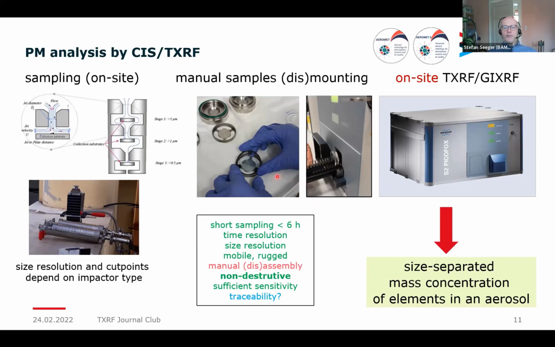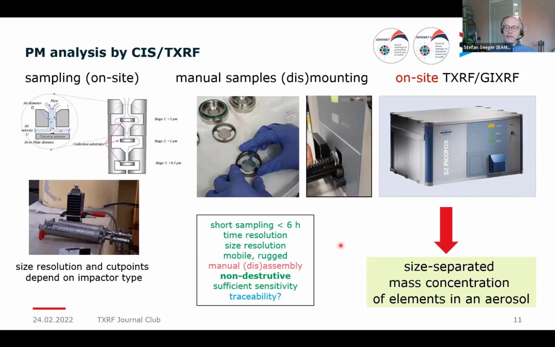So you need to mount fresh substrates on such a sample carrier holder, and you have to dismount the samples after loading and manually mount them into the instrument, the TXRF.